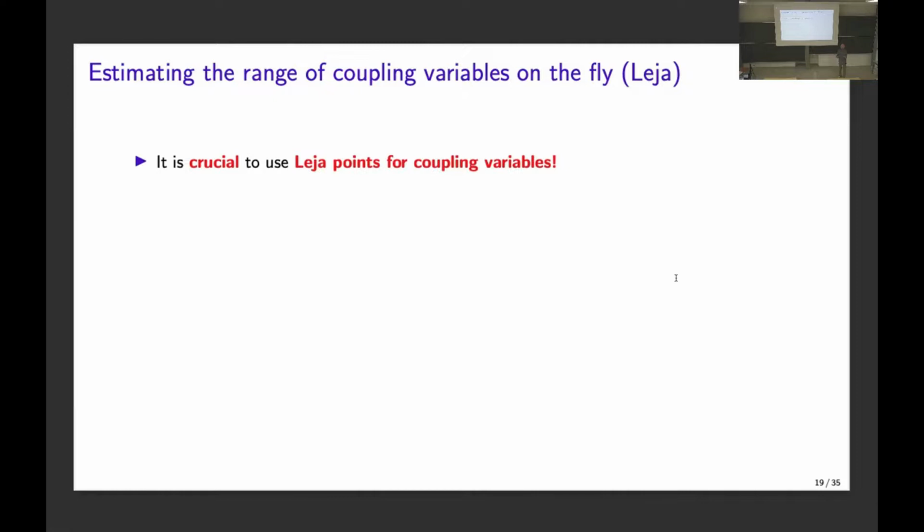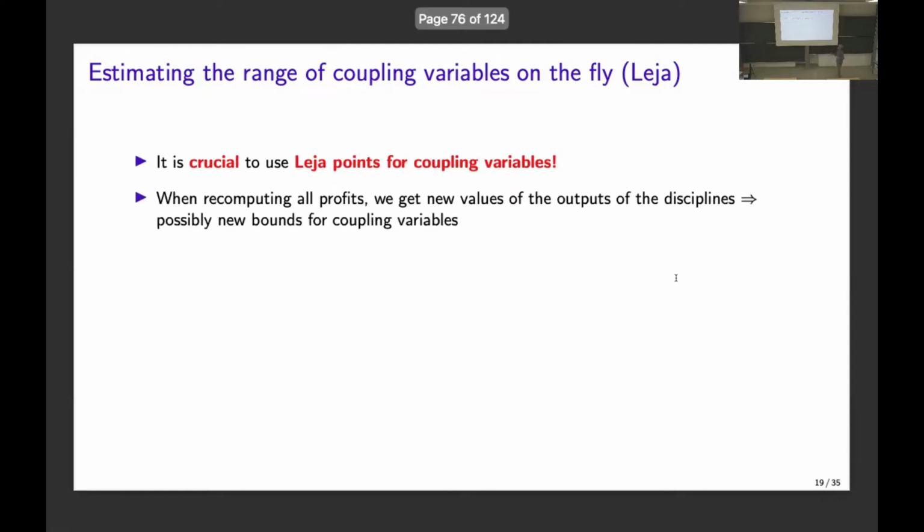I might find out that at step 1, model 1 is predicted to output between 3 and 5. Then I refine that surrogate, and now I see that it was not 3.5, it was 3.7. So I have to change that support, and that means that if I want to do stochastic collocation with respect to that new support for the second model, now I need to take next points in 3.7 rather than 3.5.